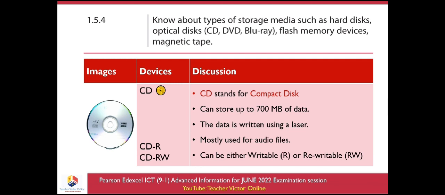The one that is RW means that it can be read and written to, meaning that you can store your data there, use it, then delete it, and store other data there because it is rewritable. Where you have R only, you can only read. It is a read-only memory. You cannot rewrite it. You cannot delete the content in it.